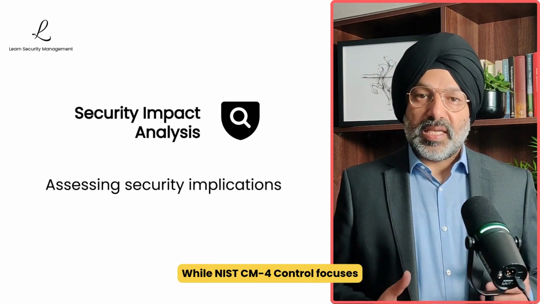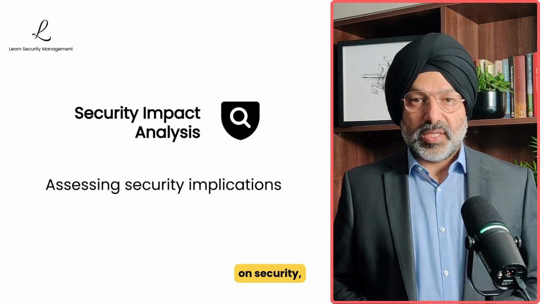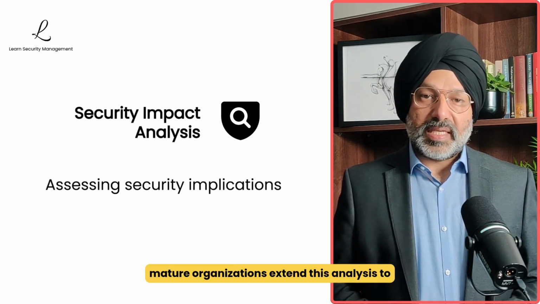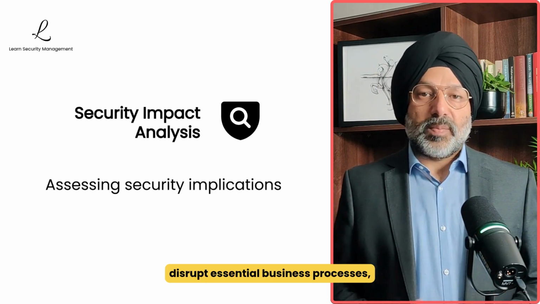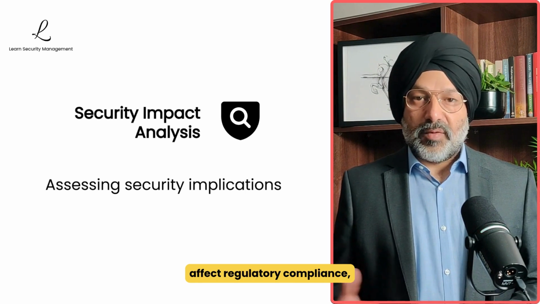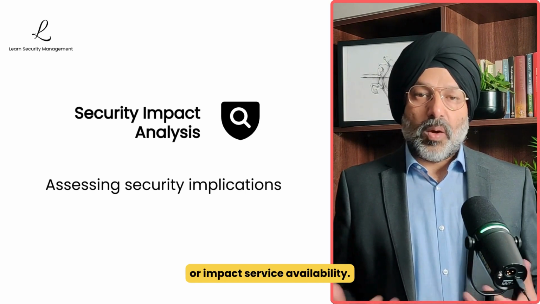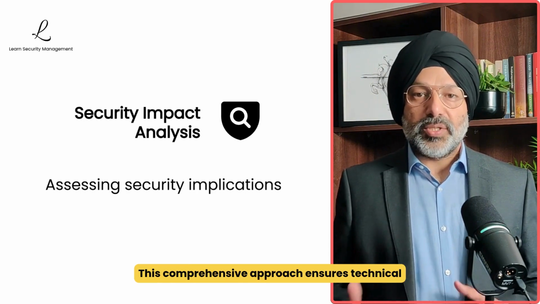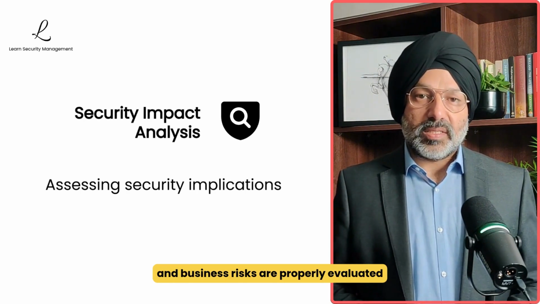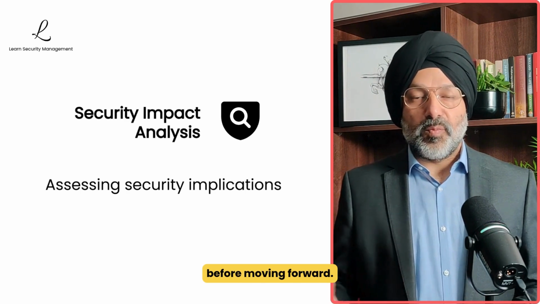While the NIST CM-4 control focuses on security, mature organizations extend this analysis to examine whether the change could disrupt essential business processes, affect regulatory compliance, or impact service availability. This comprehensive approach ensures technical and business risks are properly evaluated before moving forward.